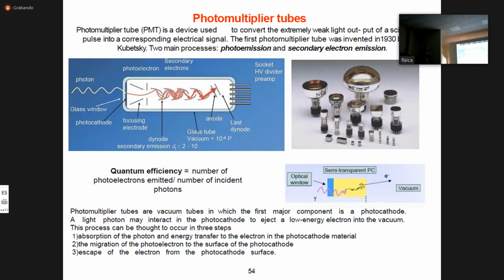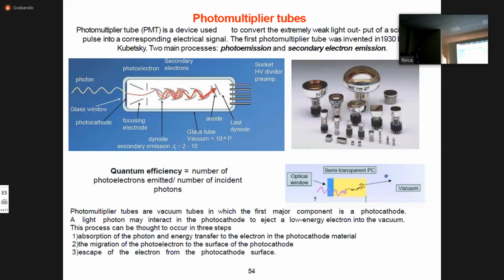They are made of metal as well. The main goal of these dynodes is to amplify the signal and create more and more electrons. Here is the first process, photoelectric effect or photoemission, and the secondary process is called secondary electron emission.